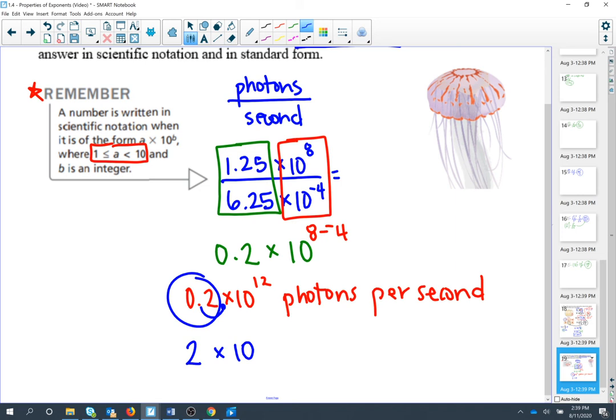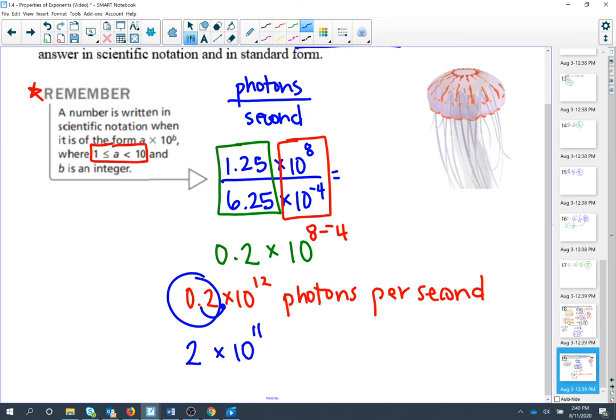The way I think about it is 10 to the power of 12 would have told me to take this and go 1, 2, 3, 4, 5, 6, 7, 8, 9, 10, 11, 12. But I already moved it over once to get the 2. So if I had to go 12 and I already did 1, how many are left to go? Well, now I only have 11 left to go.